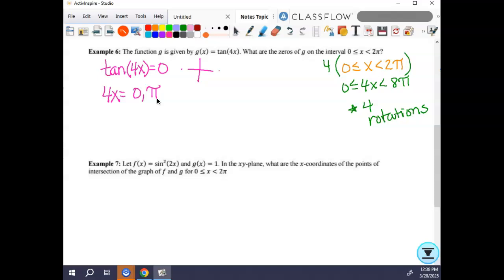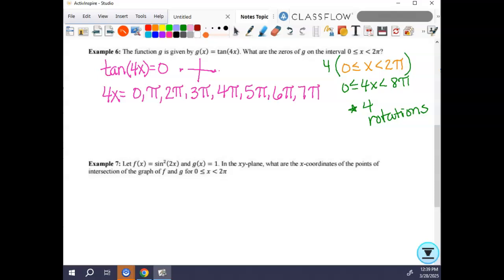I bet you can think your way through this just fine. Okay, because if I'm here, this is 0, pi, 2 pi, 3 pi, 4 pi, 5 pi, 6 pi, 7 pi. And I don't get to use 8 pi, right? Because that's not included. I just add the pi's. That was way easier than adding the fractions, right?